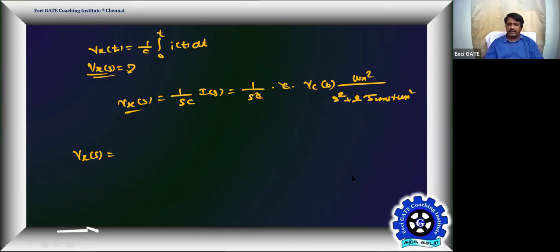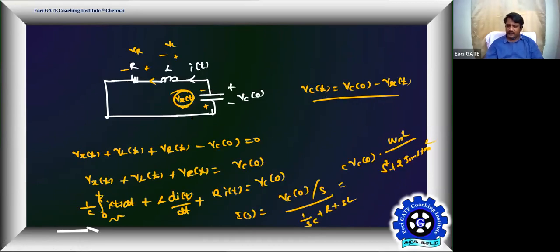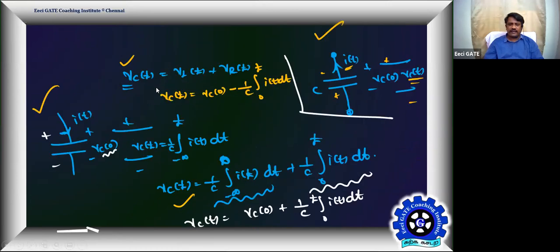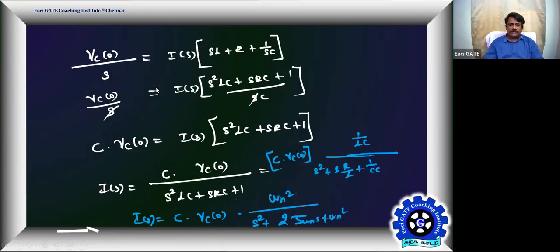I of S is having one C in the numerator. Refer the equation I of S. C into Vc of 0. Any S got cancelled?